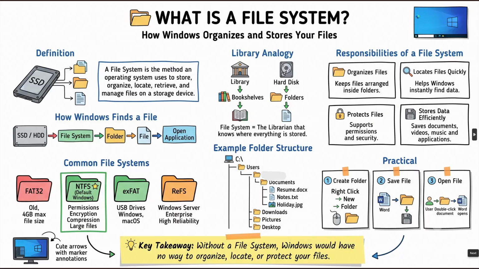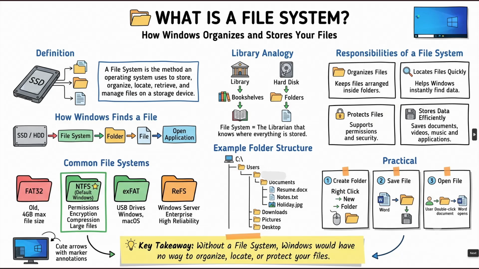I'll show you that in a later part, but for now, just know that protecting the files and folders is also one of the works of the file system. The fourth one is that it stores data efficiently. It saves documents, music, videos, and applications, all kinds of data, right?